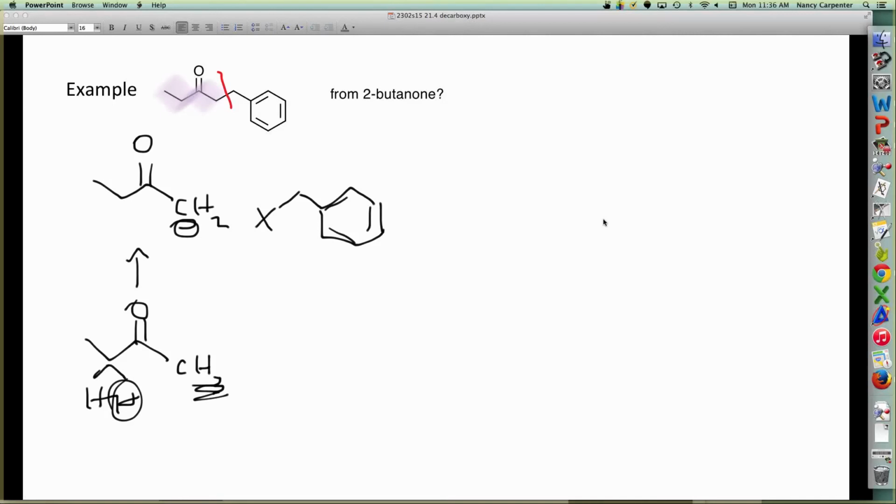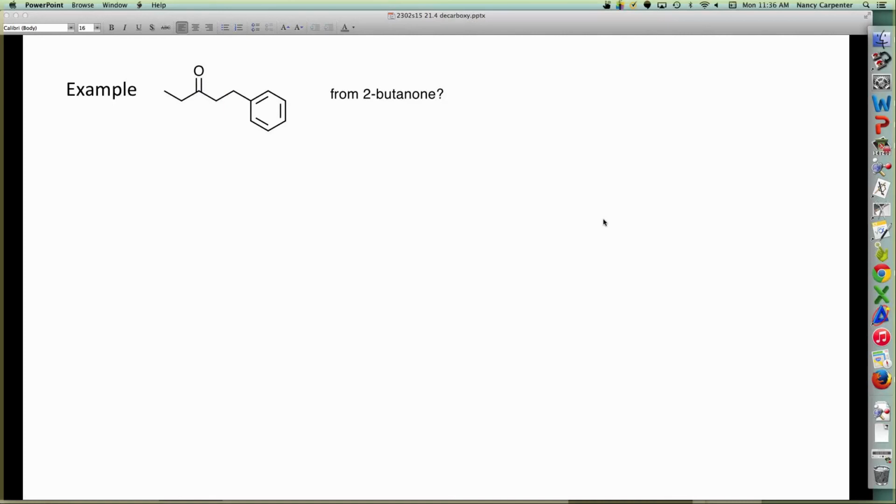Ooh, very easily. If I could just put, say, something here that would be an electron withdrawing group that I can ultimately lose, then that's going to make this more susceptible to deprotonation. Well, you see where I'm going?